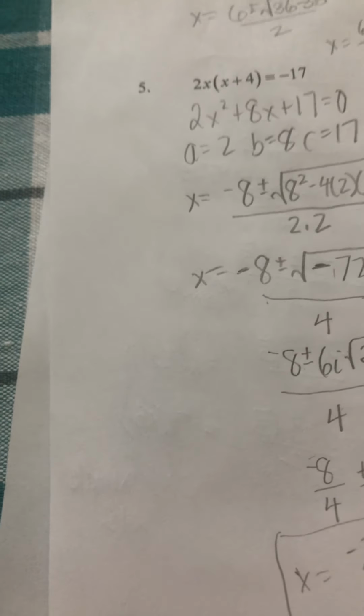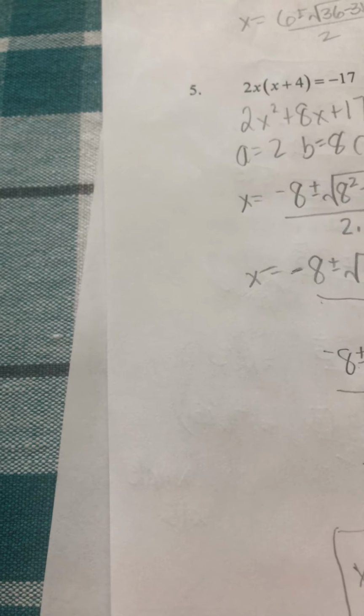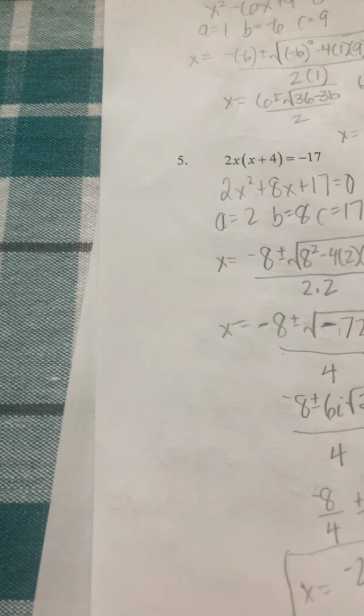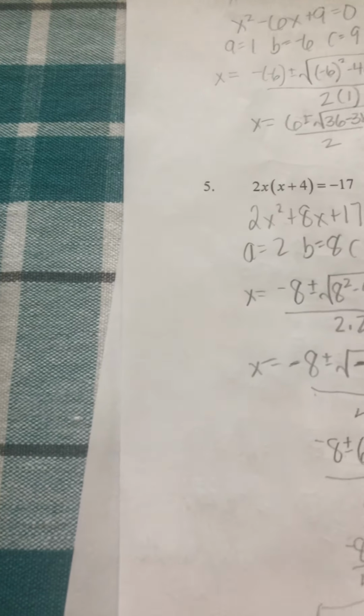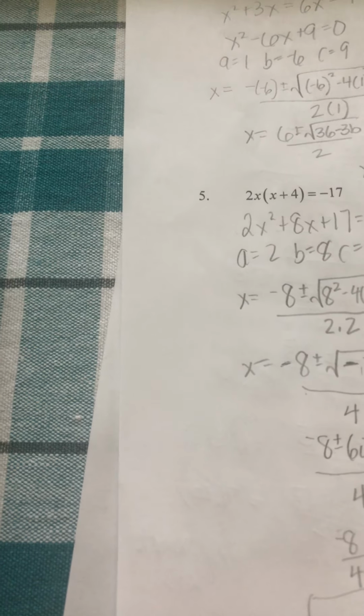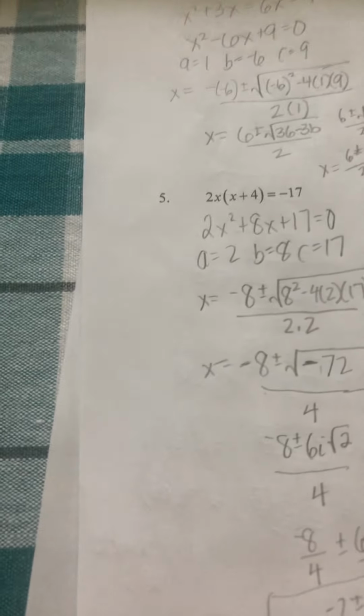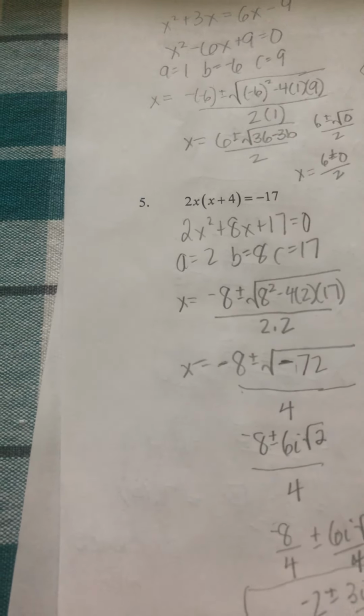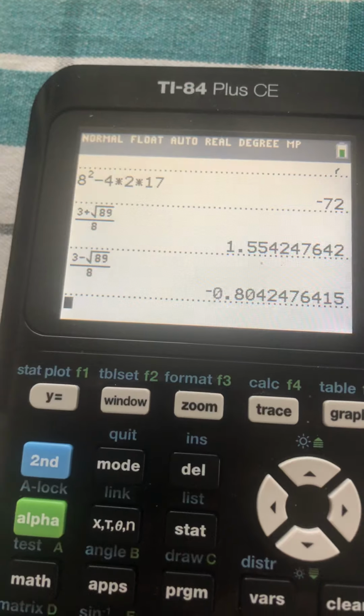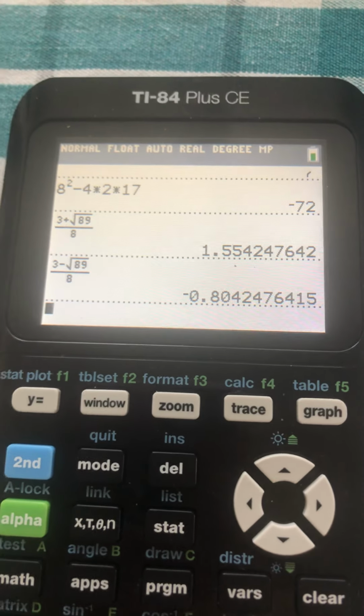And then the same one with a minus in there. There it is. Negative 0.8.